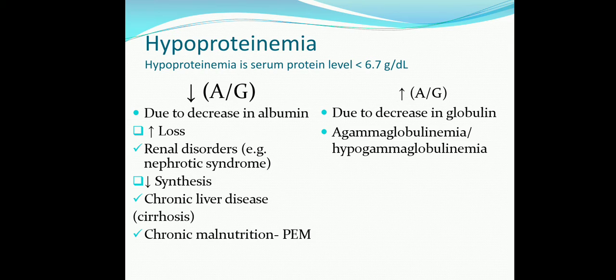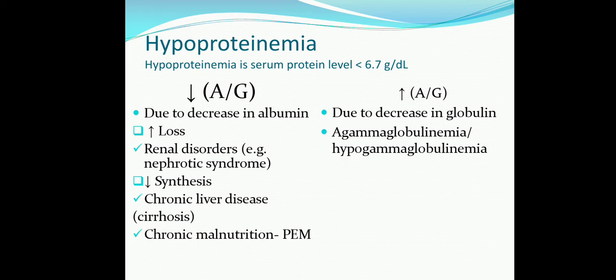Hypoproteinemia is a serum protein level less than 6.7 grams per deciliter. It may be due to a decreased AG ratio or an increased AG ratio.